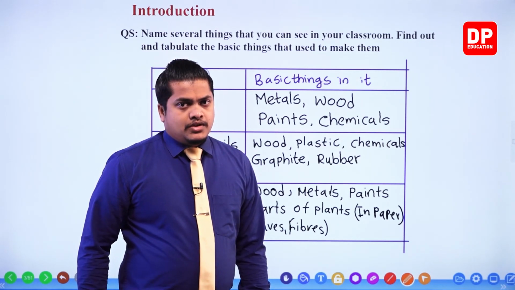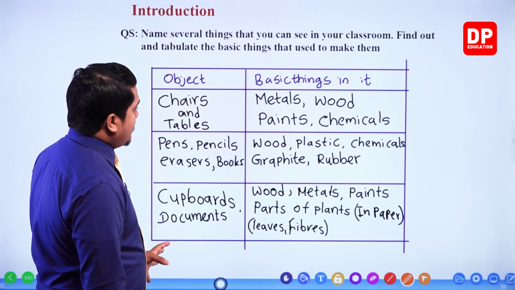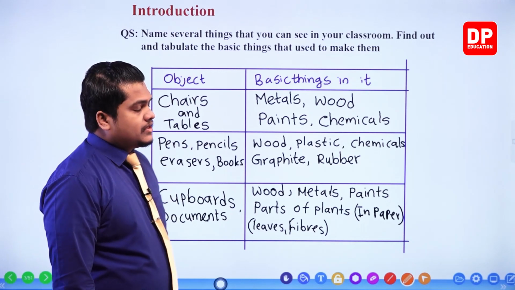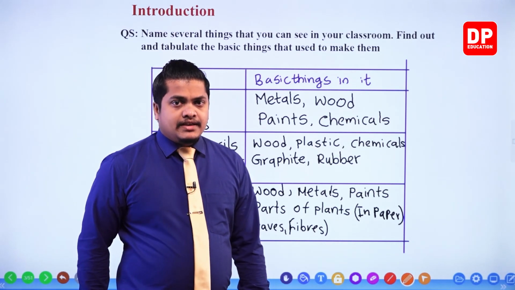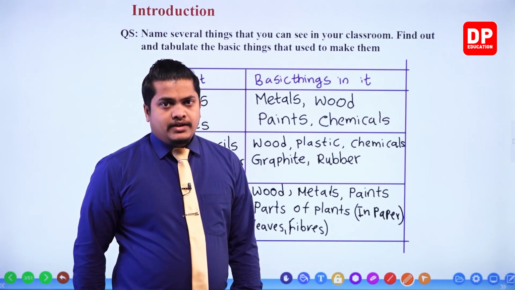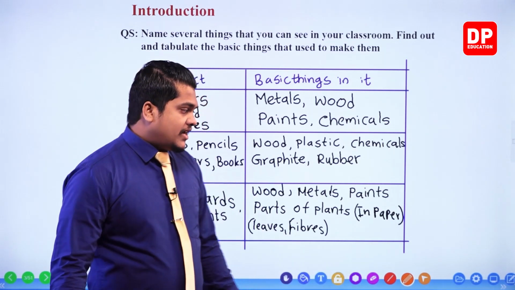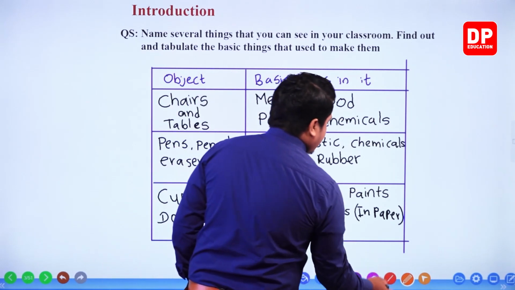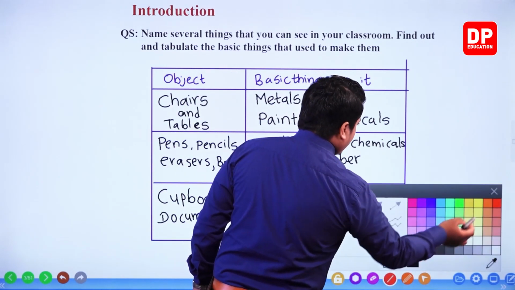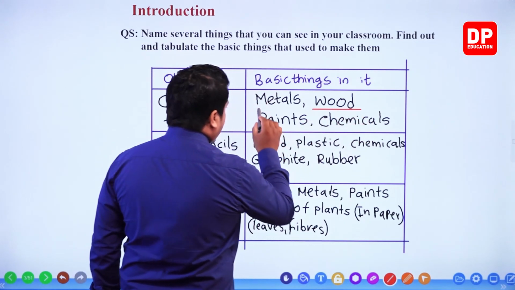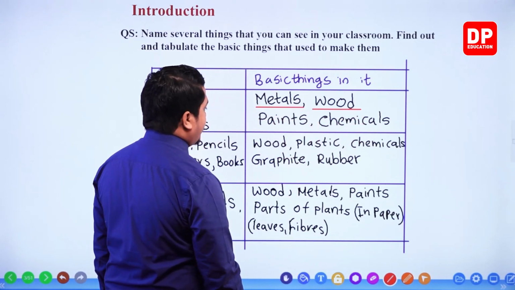Okay, so my dear children, by looking at the table, you can clearly observe there are some certain materials which are naturally occurring in our environment out of these basic things. So let me underline these things for you guys. So wood, metals, right?